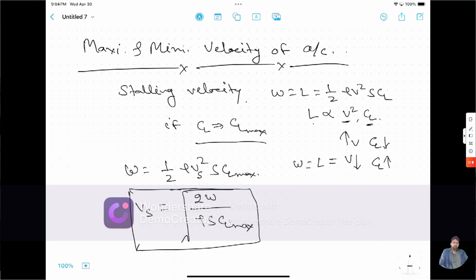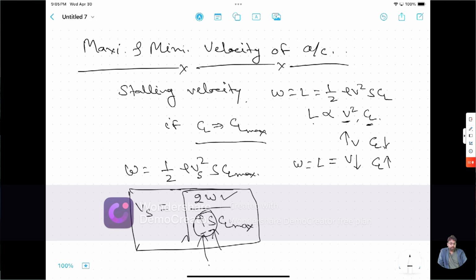Okay guys, now you can see here this stalling velocity depends on the weight of the aircraft. Rho and S are constants. Rho is constant for a particular altitude. S is always constant, this is the planform area of the wing. So now we can remove these constant things.